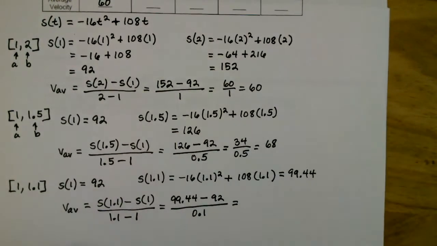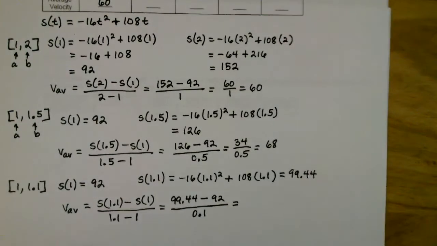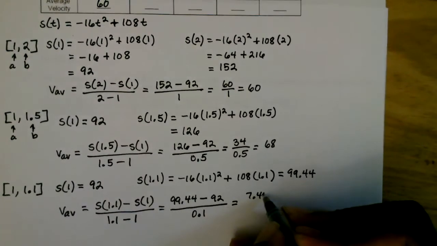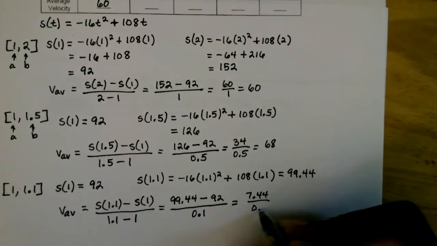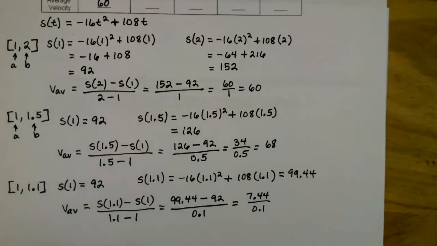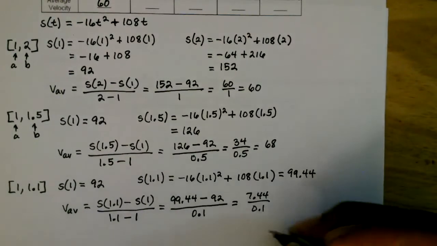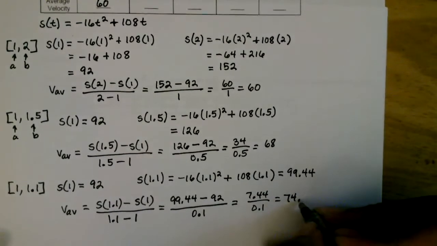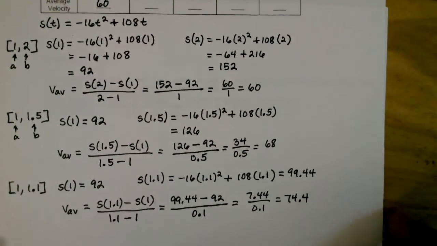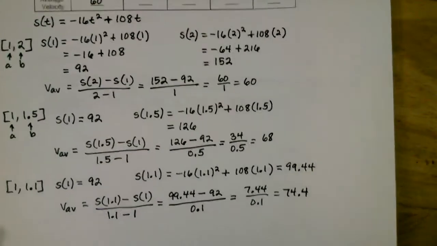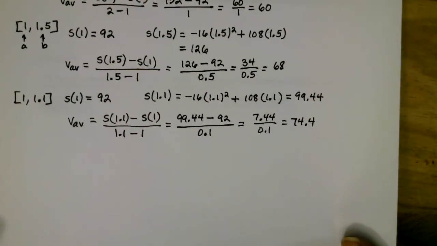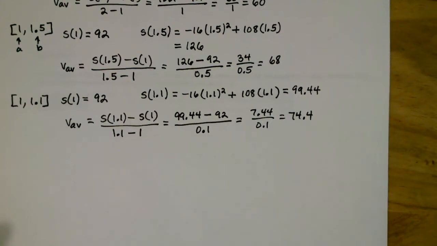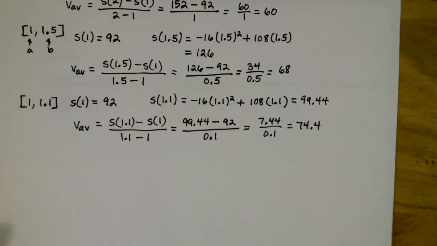So 99.44 minus 92 is 7.44. Divide that by 0.1, and you'll get 74.4. Okay, so that's the average velocity for that position function between 1 and 1.1.